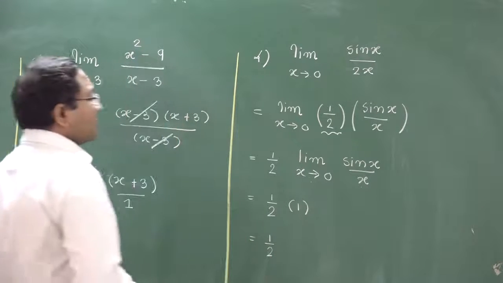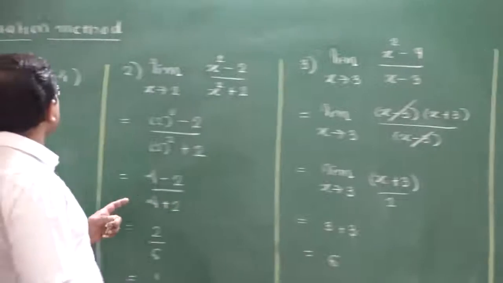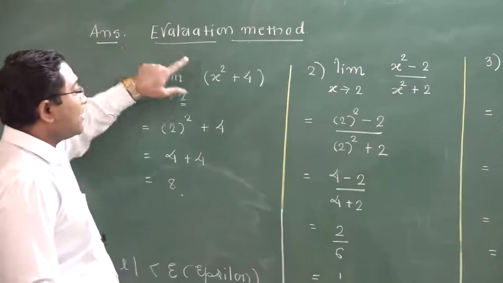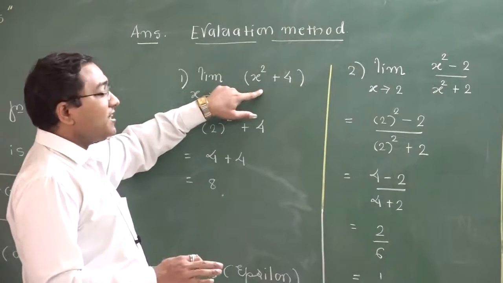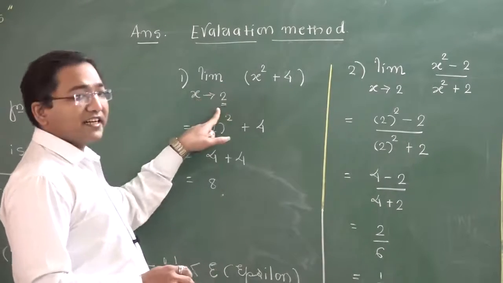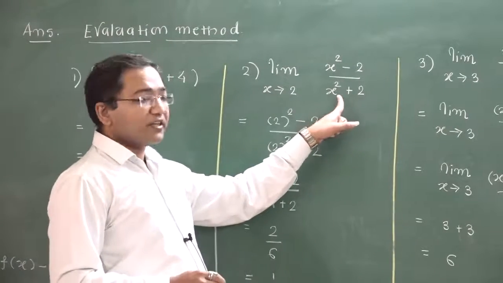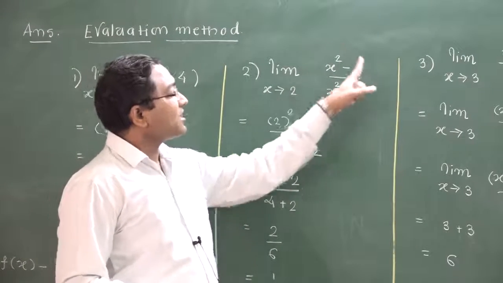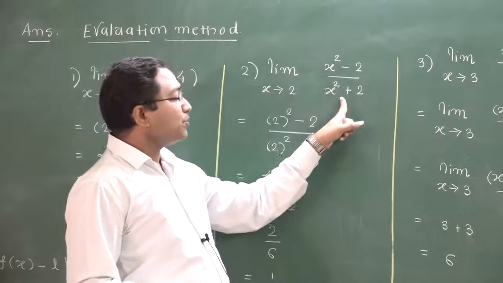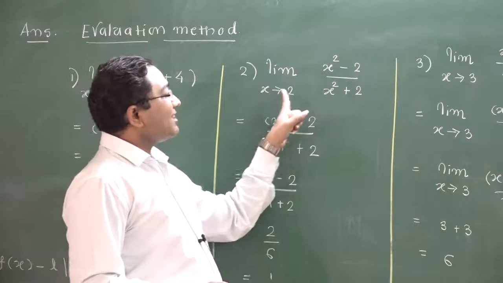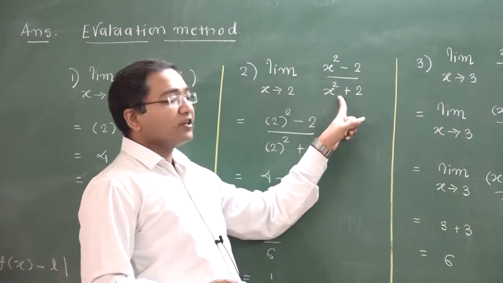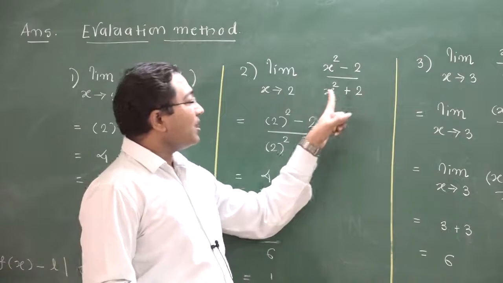So in such cases we observe the evaluation method: when the given function does not have any denominator, then we directly substitute the limit. Suppose the given function has some denominator, meaning a function in the form of a fraction p by q. In this way, we directly substitute the limit if the denominator is not equal to 0 at the point.